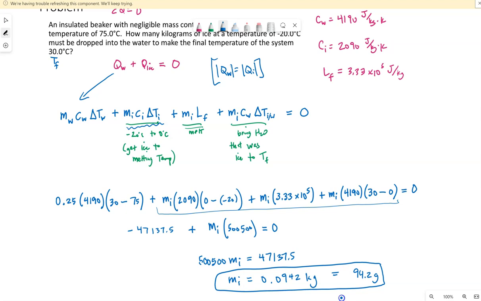But mathematically, if you want to start with just an equality, you have to say that Q of the ice is the opposite of Q of the water, because Q of the water ends up being negative when we put in delta T. So just be careful with the signs. Missing that minus sign, of course, will give you an incorrect answer.